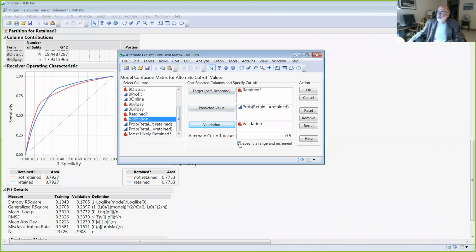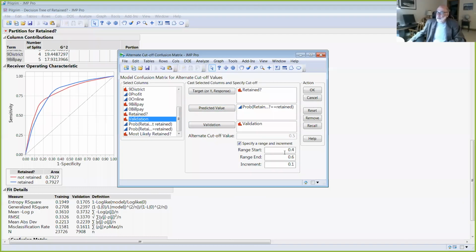And we can specify a range here. Let's say we want to look at all the values from 0.05 to 0.95 in increments of 0.05.